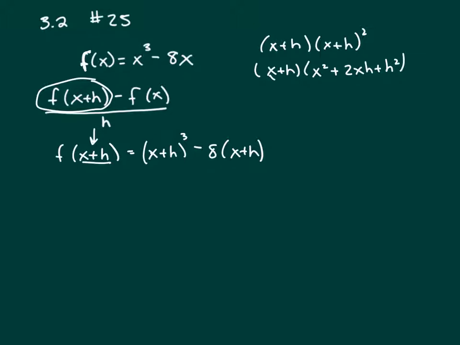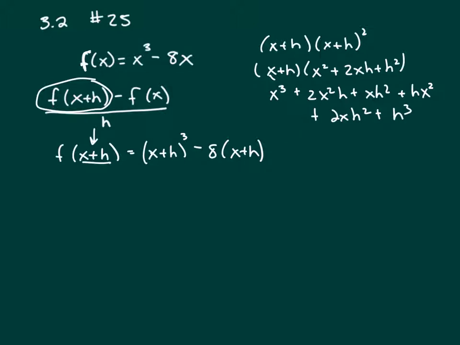Now distribute the x. That's x cubed plus 2x squared h plus xh squared. Now distribute the h: plus hx squared plus 2xh squared plus h cubed.